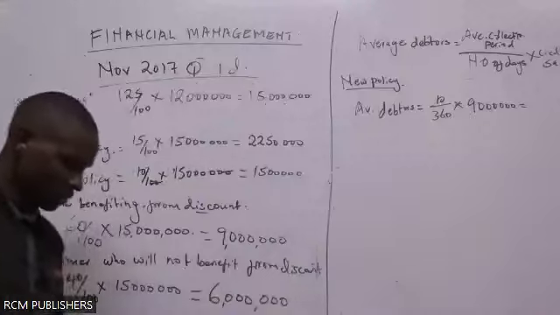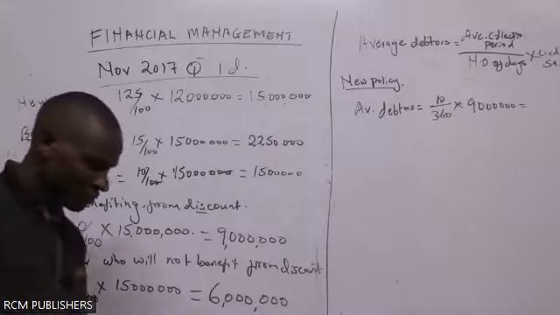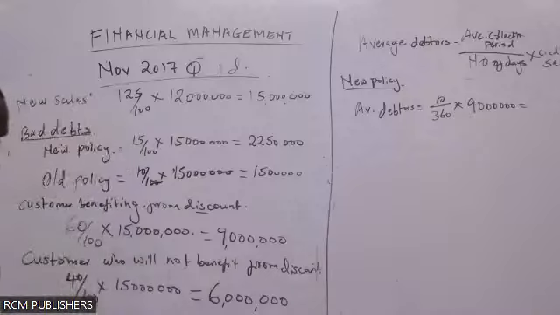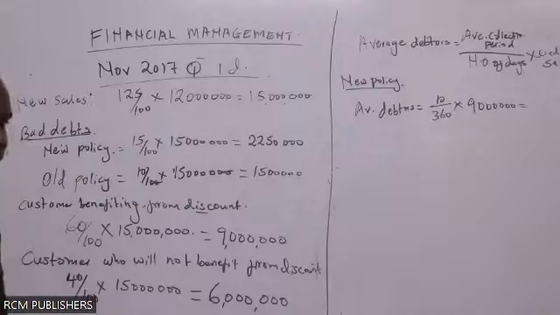times 9 million. And then when watapata discount, net 60.